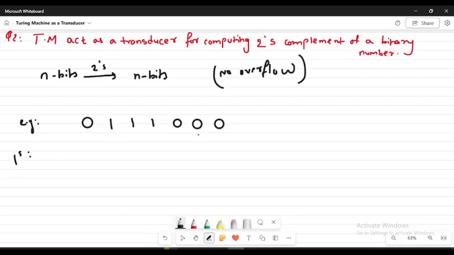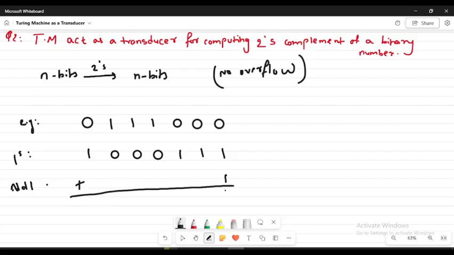So 0 becomes 1, 1 becomes 0, 1 becomes 0, 1 becomes 0, 0 becomes 1, 0 becomes 1, and 0 becomes 1. After that you have to add 1. Whatever result you get will be the 2's complement of the given input.